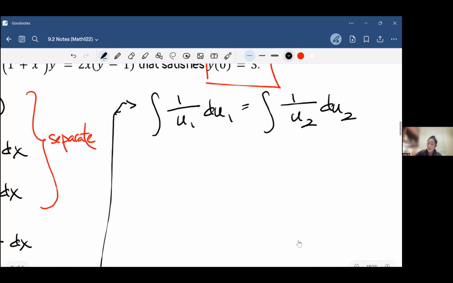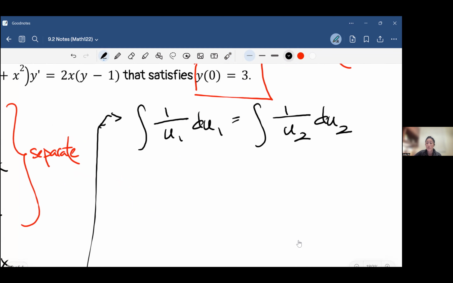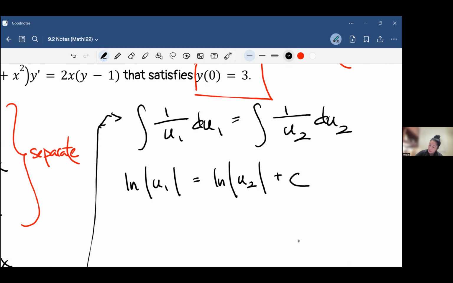Now, when we're integrating 1 over u, or 1 over x, with just an exponent of 1, this is our special natural log case. If this were u cubed on the bottom, we wouldn't use natural log, but it's u to the first power, so we can use the natural log.